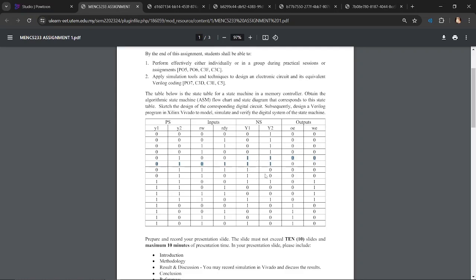So from S1 you can either go to S3 or S2. How do I differentiate this? I look at this 1,1. It depends on RW. If RW is 0, it will go to S3. If RW is 1, it will go to S2.